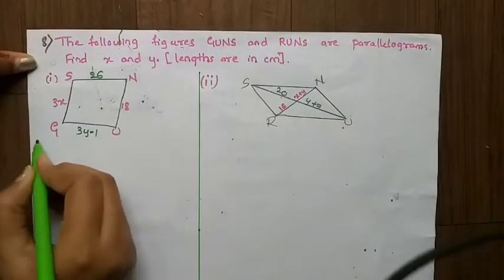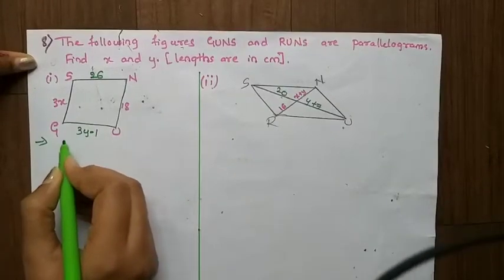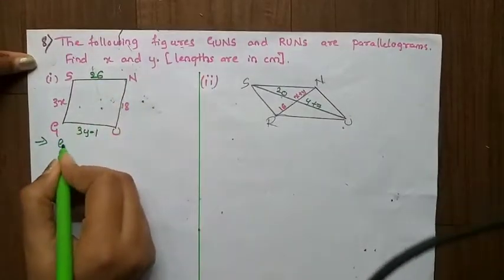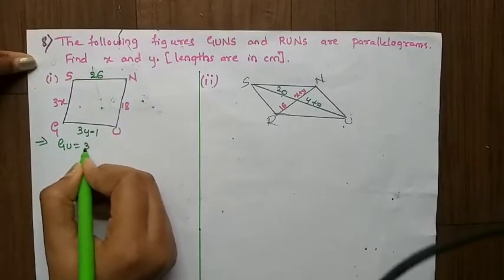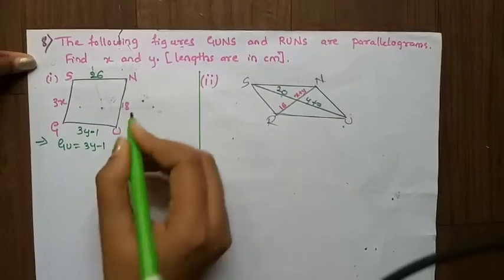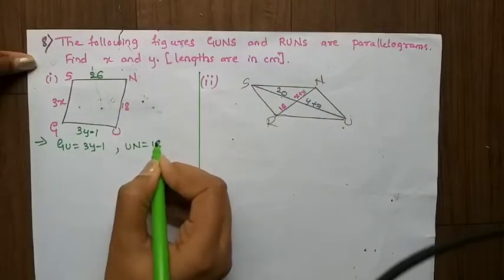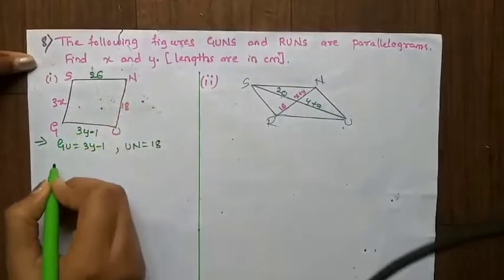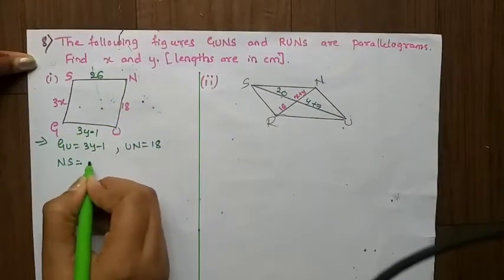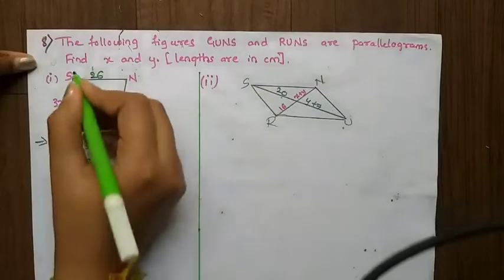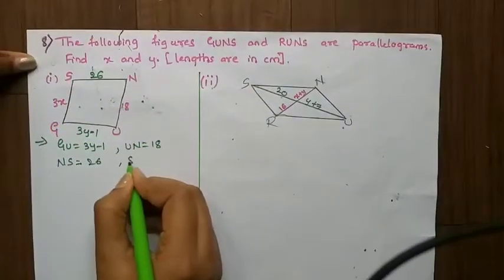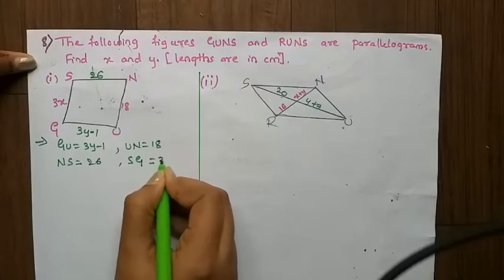So let's start the solution. What is given in the question: GU is equal to 3y minus 1, UN is equal to 18, NS is equal to 26 and SG is equal to 3x.